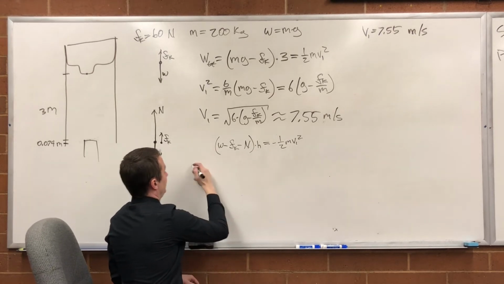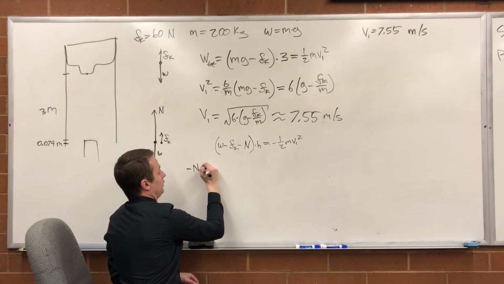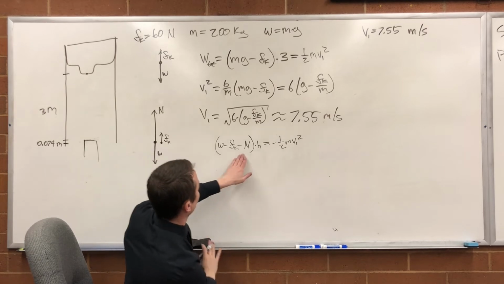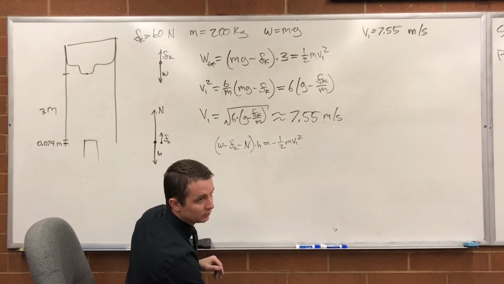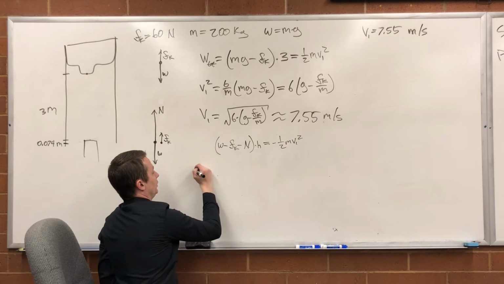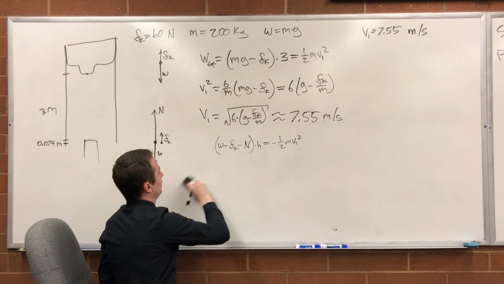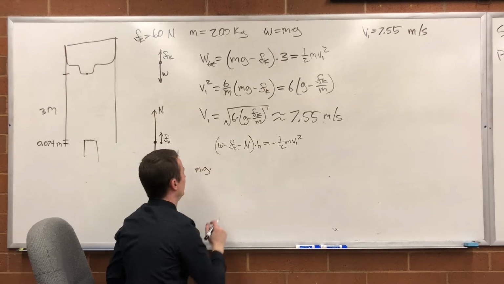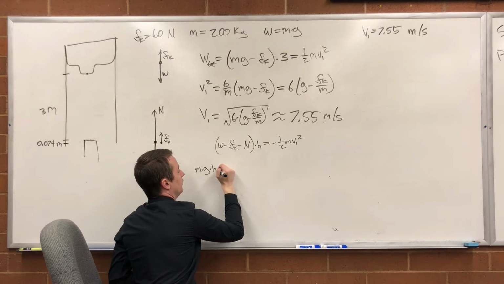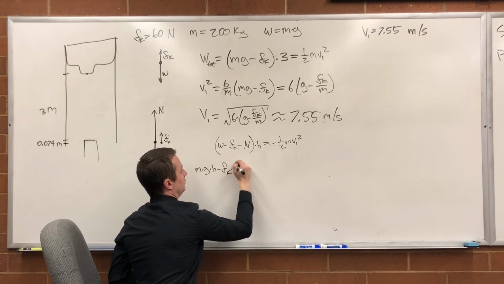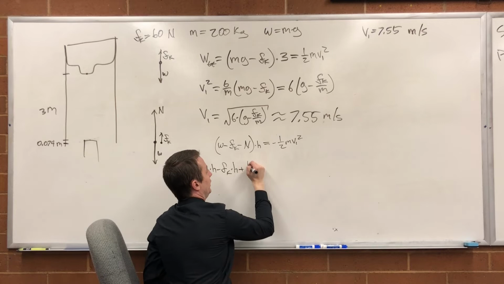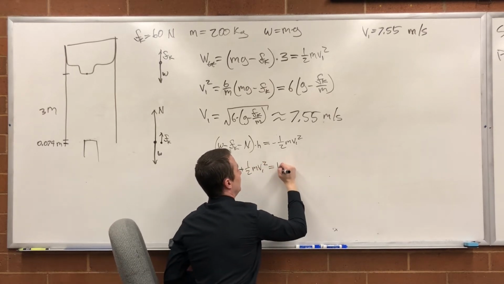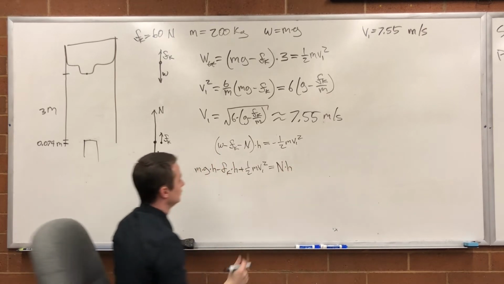So I know that negative my normal force times h, well, we'll shift it to the other side. I'm going to shift my normal force over here and this value over here. So we're going to have weight times h. Maybe I'll plug in mg there just so we don't get confused with any work. mg times h minus f sub k times h plus 1/2 m v1 squared is equal to normal force times h.